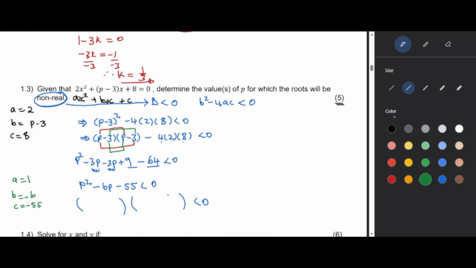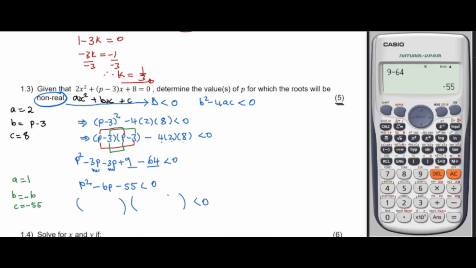Let's go and substitute this into the quadratic formula. So this will be minus the value of b, which is minus 6, then plus the root of b, which is minus 6 squared, then minus 4 into the value of a, which is 1, and the value of c, which is minus 55.